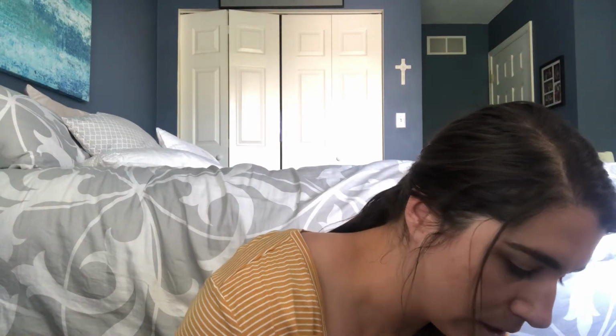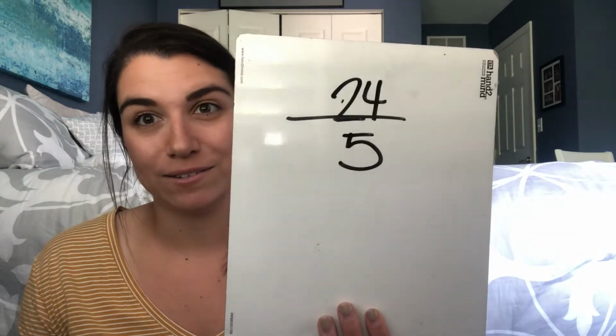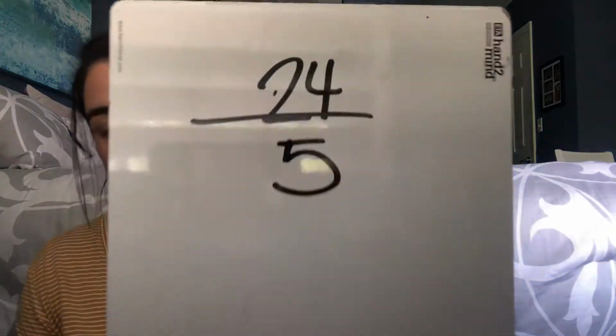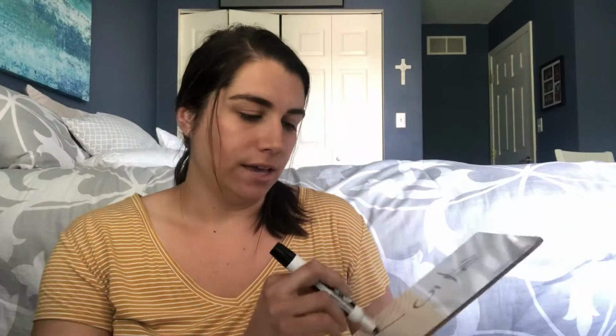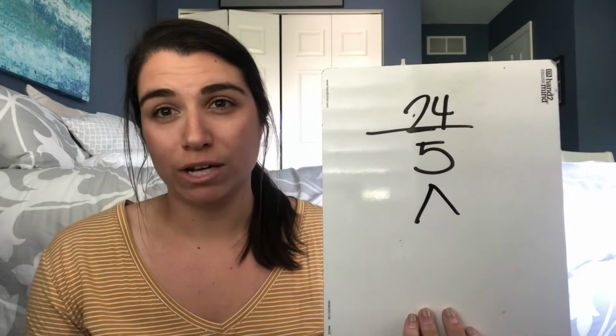All right, the next one, getting a little trickier. I have 24/5. So think about what times 5 gets you closest to 24 without going over. Go ahead and try to solve it on your own. All right, so what times 5 gets me closest to 24 without going over?